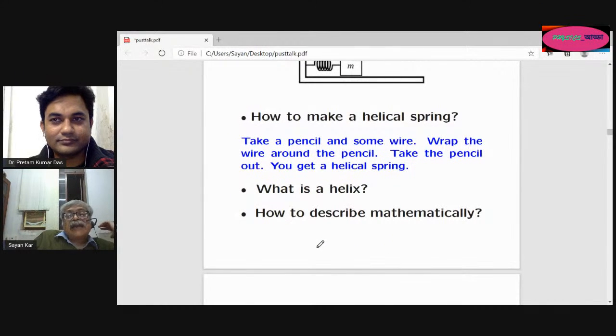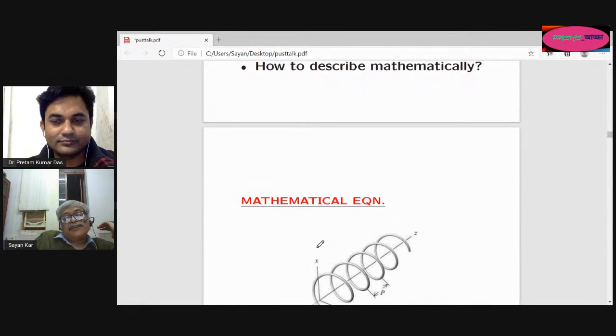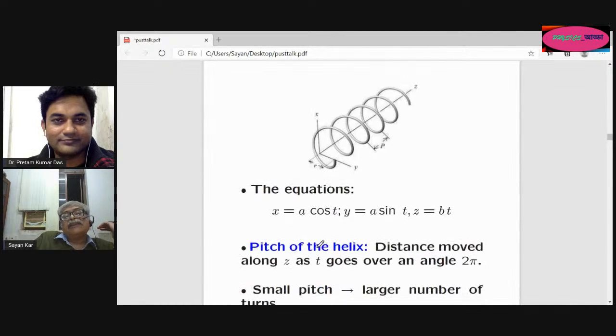So how do you describe a helix mathematically? That's the next question. So you must have a mathematical equation. This is the picture of a helix, and you have these x, y, and z coordinates.